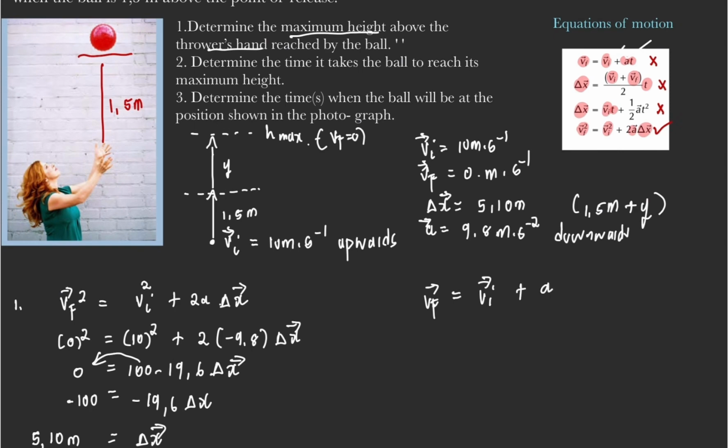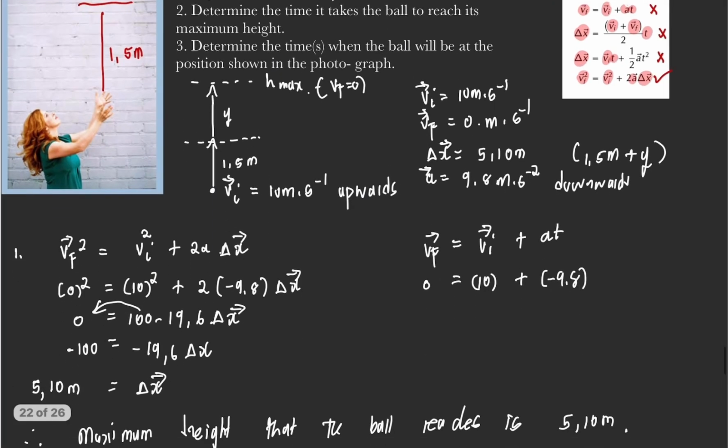So we take the formula Vf is equal to Vi plus acceleration multiplied by time. Our initial velocity, we said it's 10, and our final velocity is 0, plus our acceleration, which is minus 9.8, multiplied by t, which is what we are trying to calculate. So we have 10 minus 9.8 t, which is equal to 0.